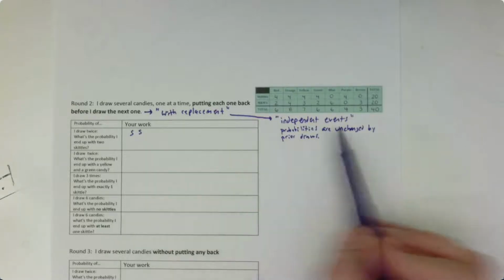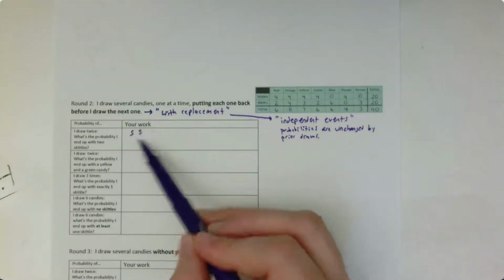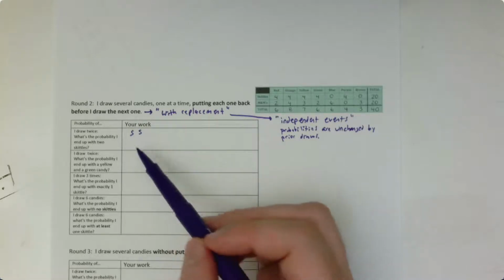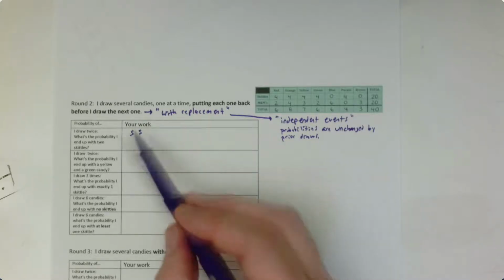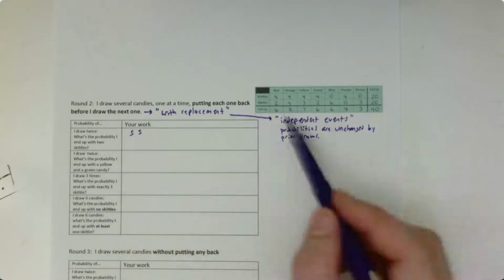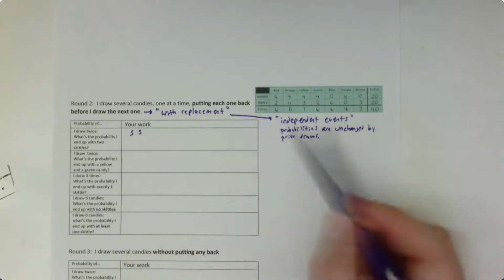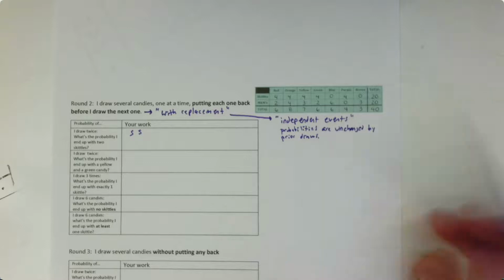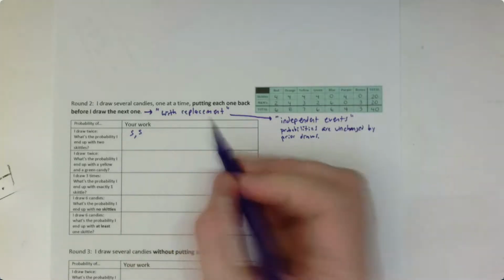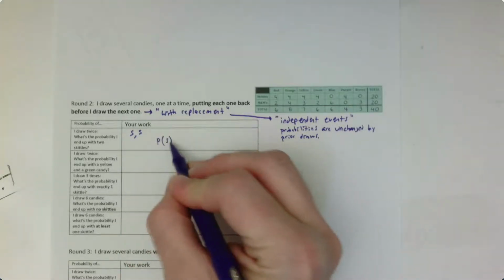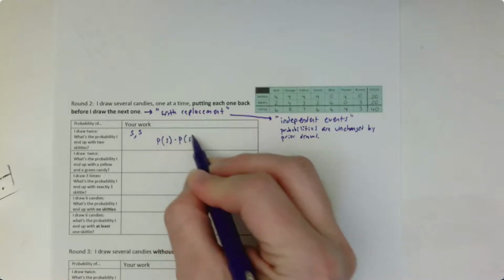Because these events are independent, the probability of me drawing a Skittle second is just the same as the probability of me drawing it first, because my first draw can't possibly have changed the number of Skittles or the total amount of candies or anything that would affect the probability. So this is just probability of Skittle times probability of Skittle.